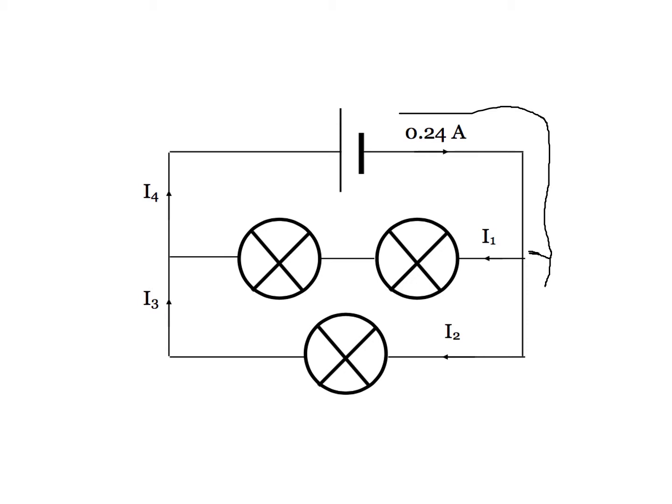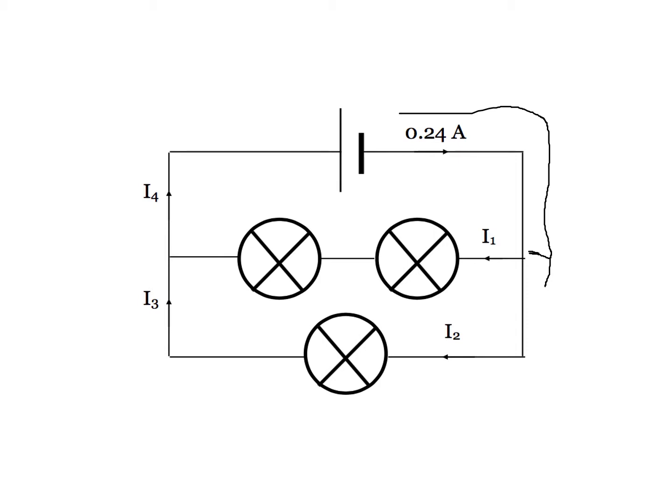Now, to figure out how much current goes through one and the other, we have to think about the bulbs. We assume that the bulbs all have the same resistance. It doesn't tell us, so we just assume that. We know that there is one bulb here and two bulbs here. So what does that mean about the resistance here compared to here?